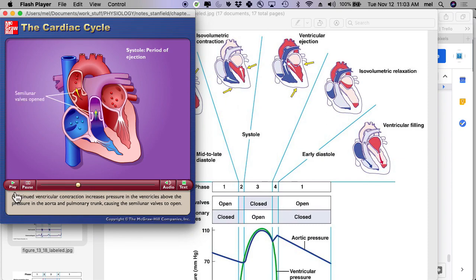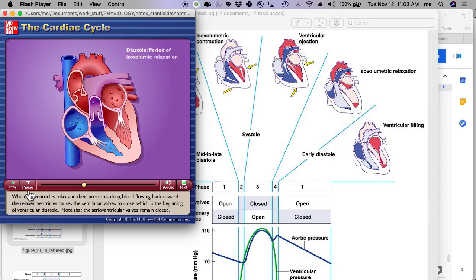Causing the semilunar valves to open. When the ventricles relax and their pressures drop, blood flowing back toward the relaxed ventricles causes the semilunar valves to close, which is the beginning of ventricular diastole, which is called isovolumetric ventricular relaxation. I put ventricular in there every time because I want you to know which chamber is doing what.